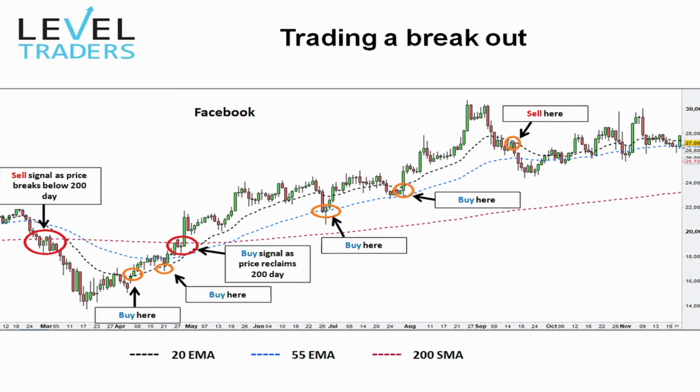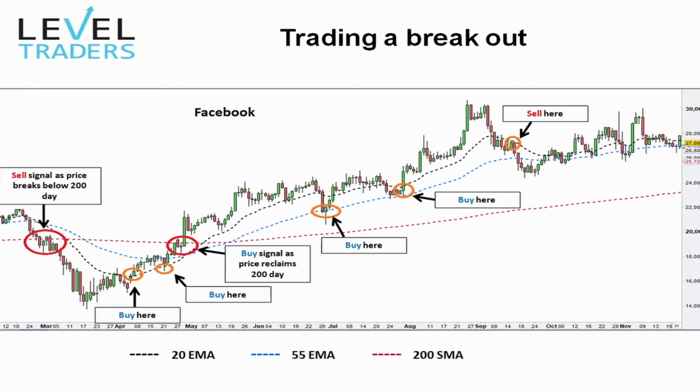So you had 2 attempts, 2 buys in April, early April and late April, where you've had two attempts at breaking the 20 day. Each time that held, that was a buy signal right there. You could have bought that every time it retested it in that period at the 20 EMA.